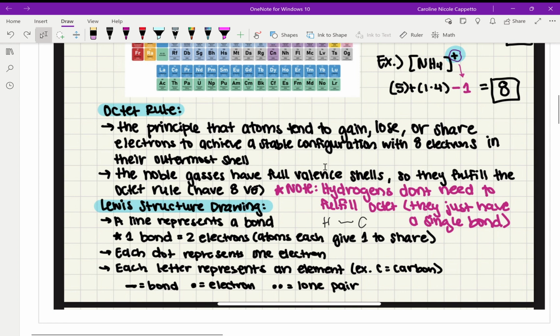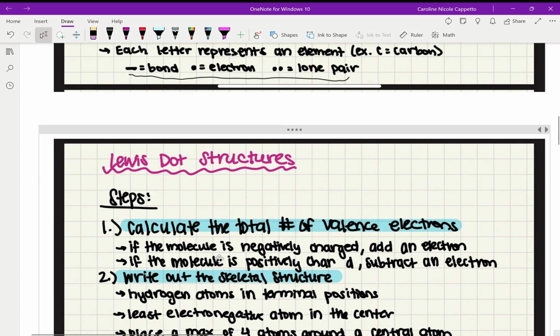A line represents a bond, and so one bond is 2 electrons because atoms each give or share 1 with the other, so that ends up equaling 2. And then each dot represents 1 electron, and each letter represents an atom, so like C for this right here is carbon.